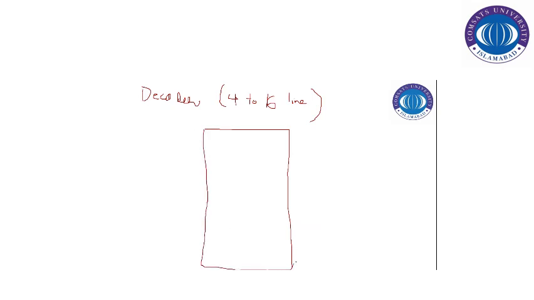Since it's a 4 variable system, the decoder would be a 4 to 16 decoder.